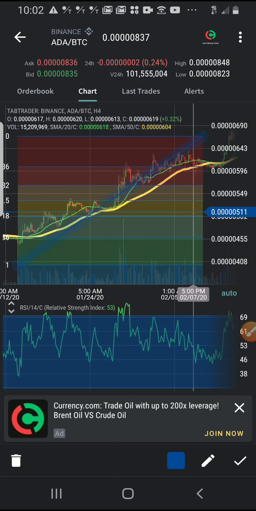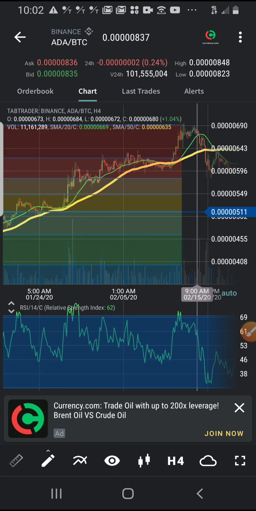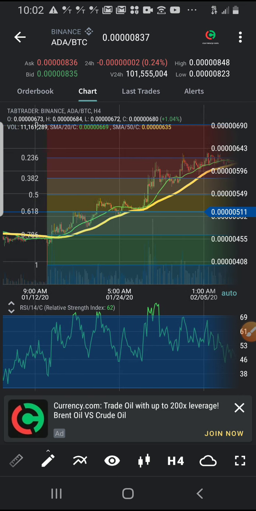Sometimes it's difficult, but you must draw it so you get your levels right. We need to make it touch the highest level, which is somewhere around 690, and we leave it somewhere around 692. So that's perfect.